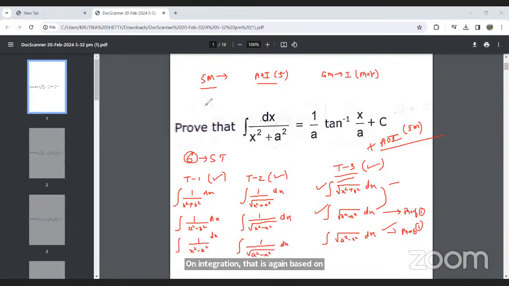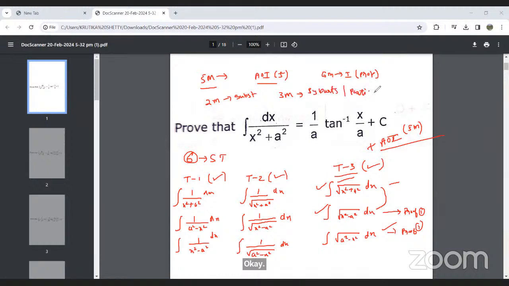For 2 marks and 3 marks, I told you 2 questions of 2 marks and 2 questions of 3 marks will occur in the integration part. For these, you need to prepare the substitution method, by parts, and partial fractions.